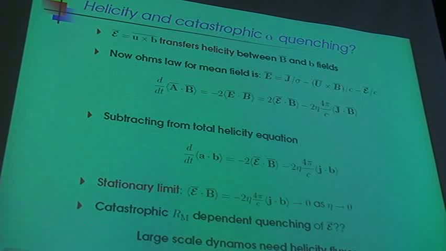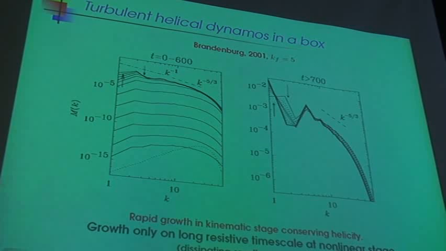Of course, there need not be catastrophic quenching if this term is important. Okay? And if this term is important, then you could have a situation where this is slowly getting rid of the helicity of the small scale field, and so you may be able to break out of this problem.